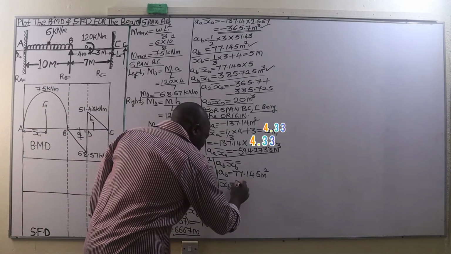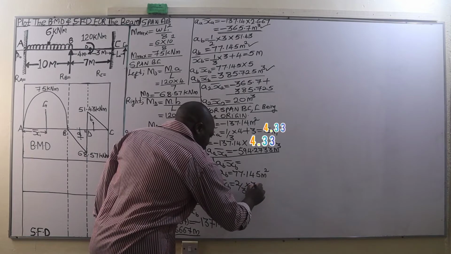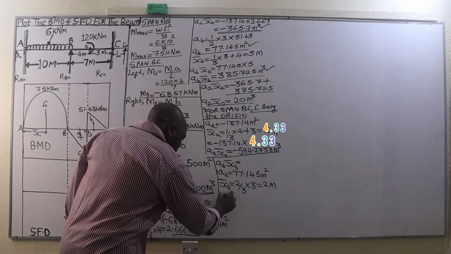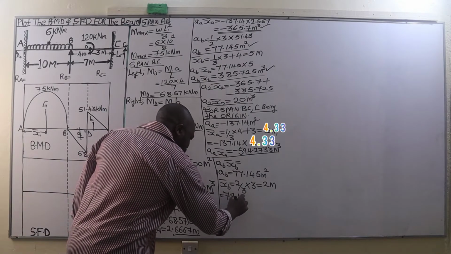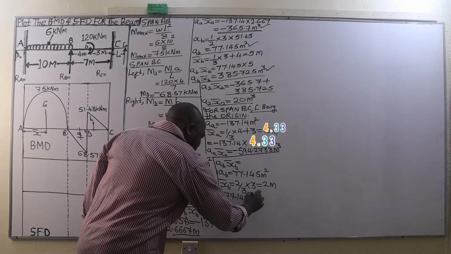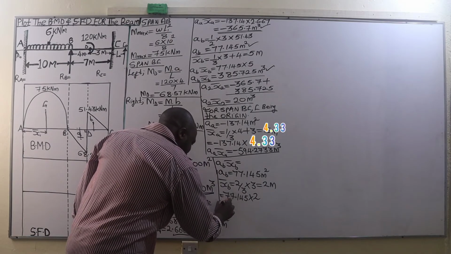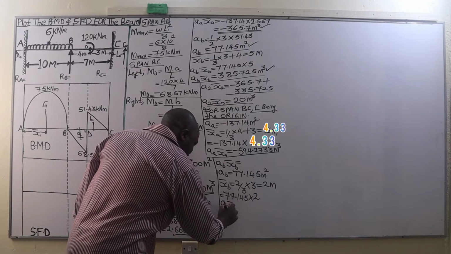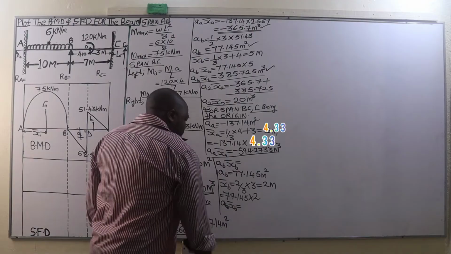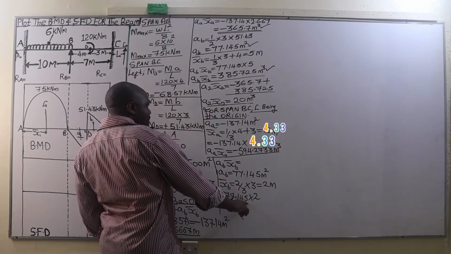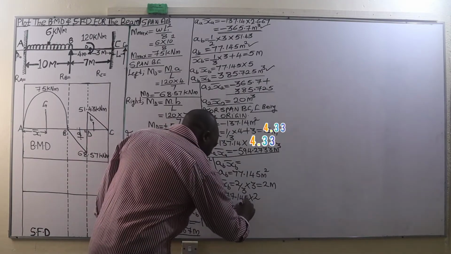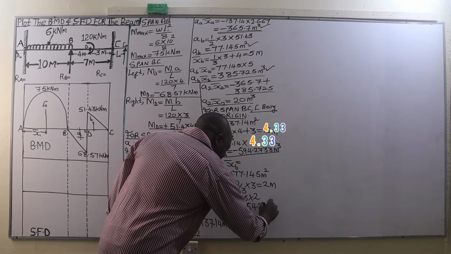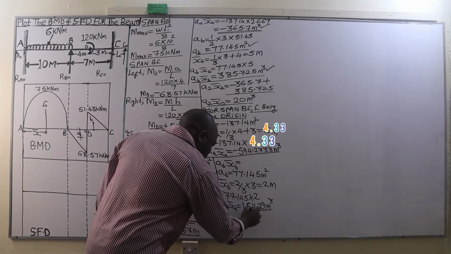So in this case we are going to have 2/3 of 3, which is 2 meters. When you multiply the two, 77.145 times 2, AB by XB is equal to 154.29 meters raised to 3.